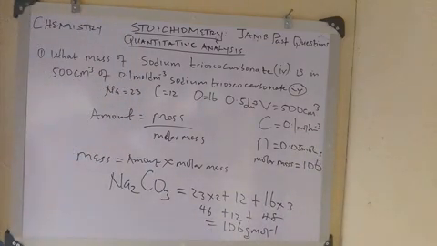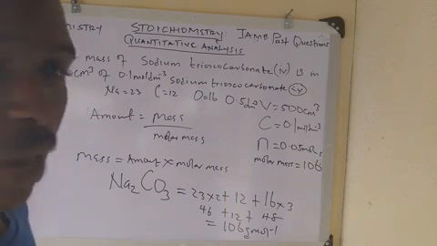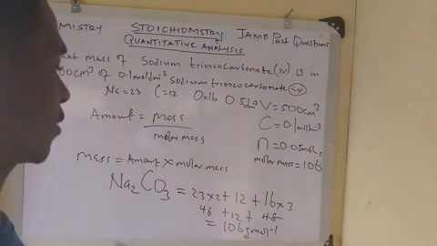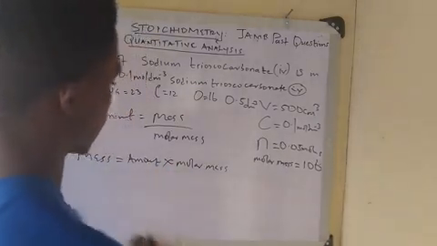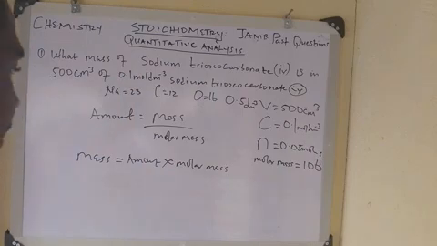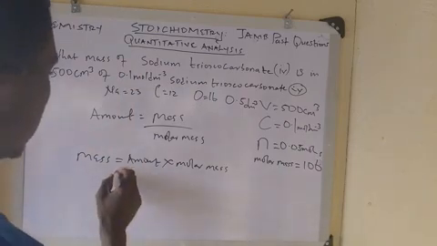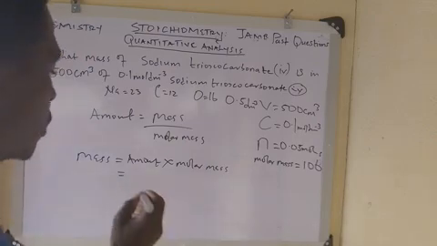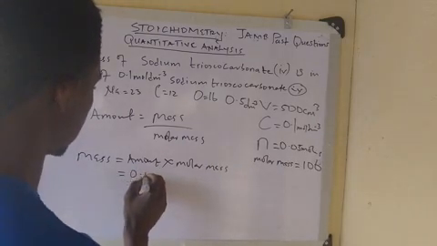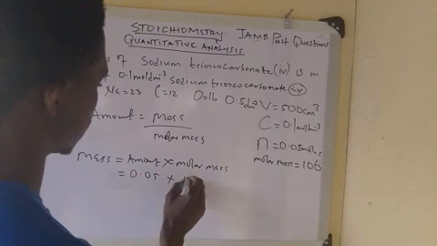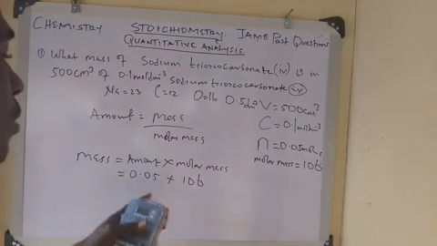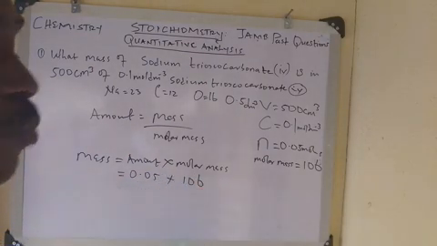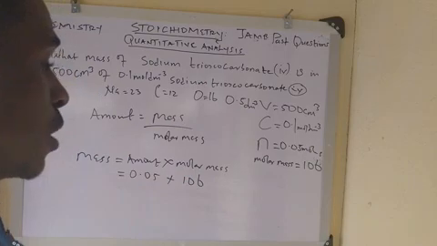So now we can go ahead to calculate our mass. If I want to calculate mass, the amount here is 0.05 times 106. So can you see? Amount is 0.05, then the molar mass is 106.